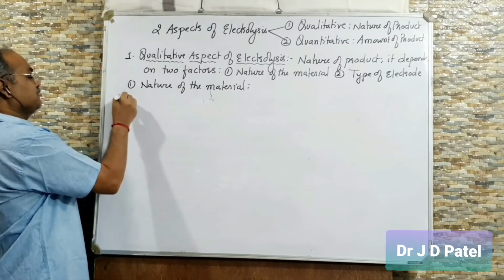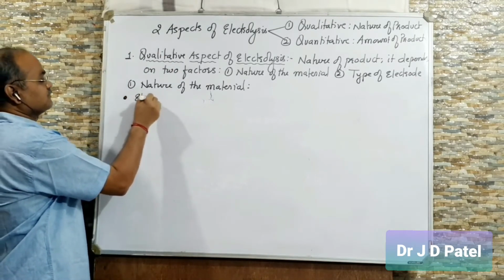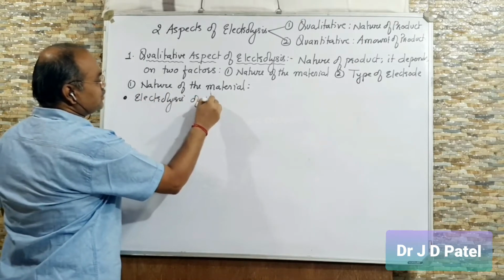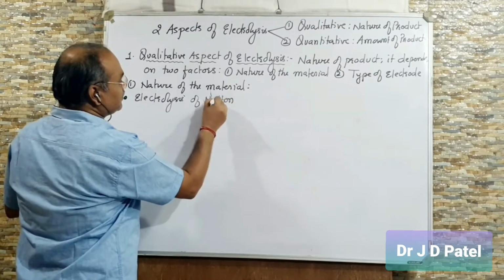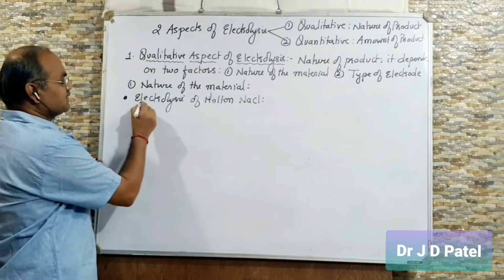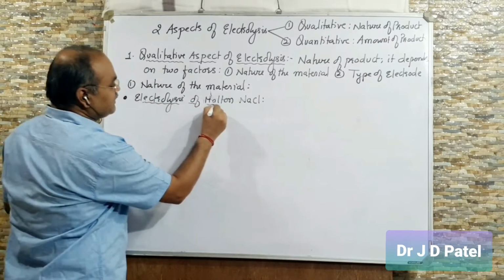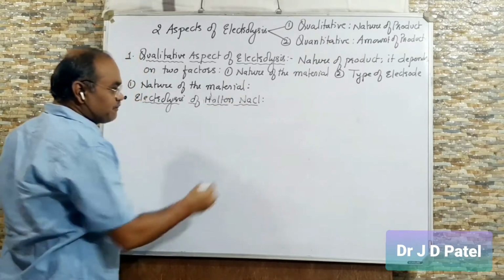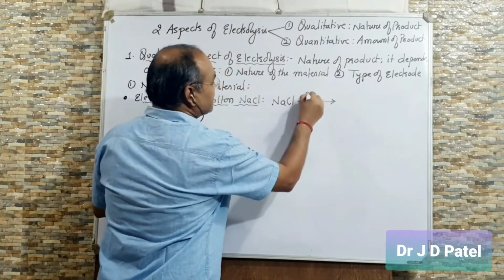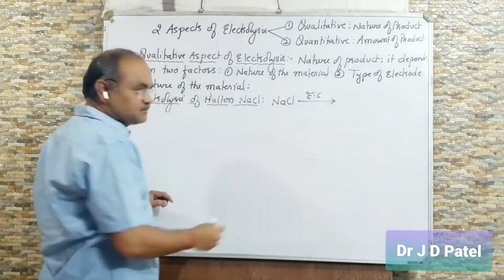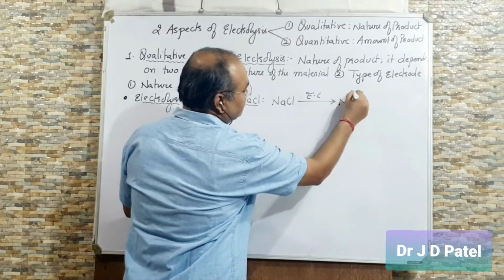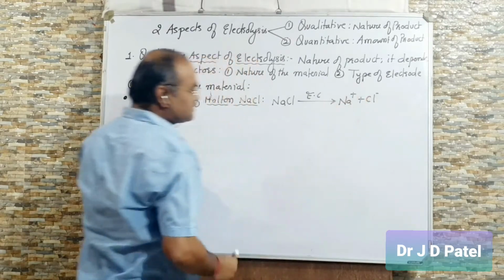The first point in this is electrolysis of molten NaCl. Let us see what happens when we carry out electrolysis of molten NaCl. On passing electric current, NaCl gives Na plus plus Cl minus.